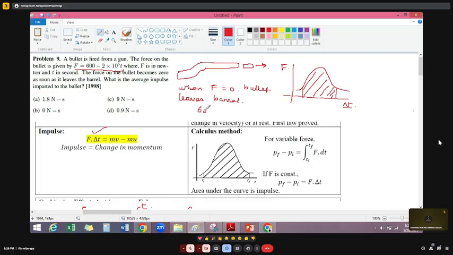So that means 600 minus 2 into 10 power 5 into t is equal to 0.